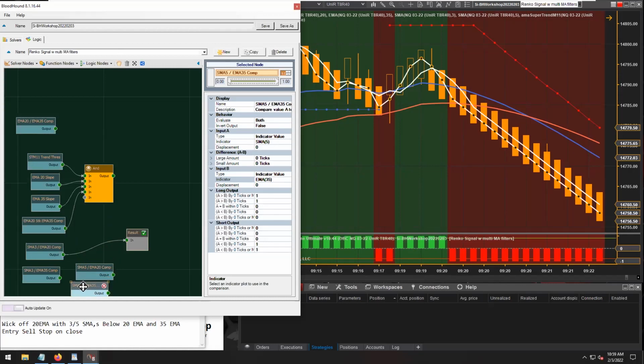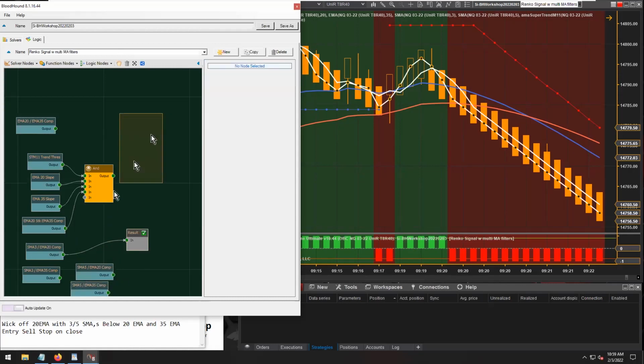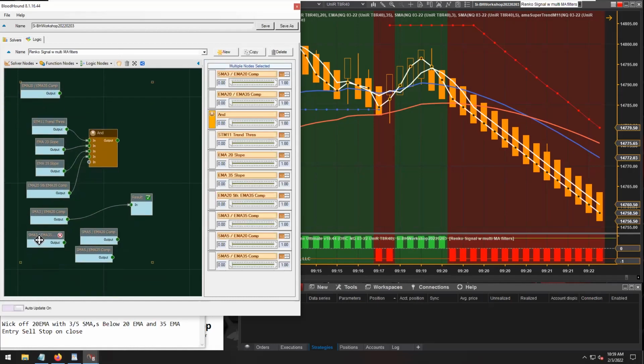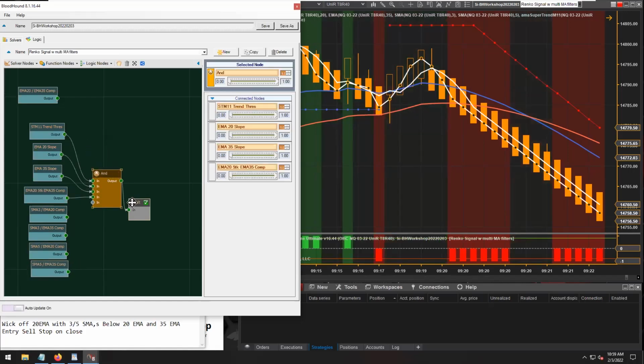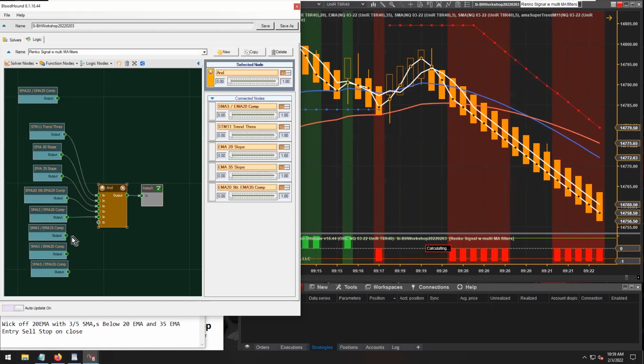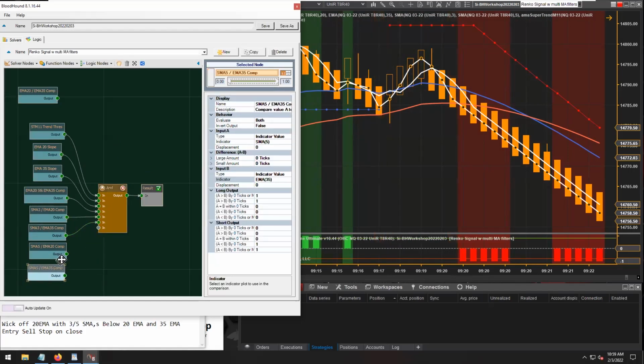All right, there we have it. Let's move all these up a little bit. Here. So let's connect that in, and connect all these other nodes in. There.